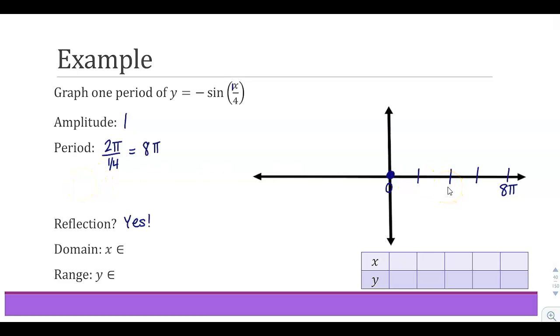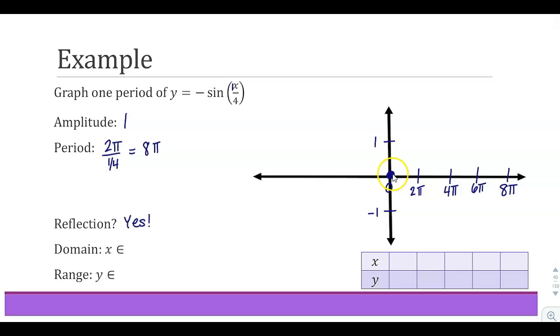So half of 8 pi is 4 pi, and between 0 and 4 pi is 2 pi. And between 4 pi and 8 pi is 6 pi. So that one's a little more straightforward, doesn't involve any fractions. And then the amplitude is 1. So here I'm going to label 1 and negative 1.